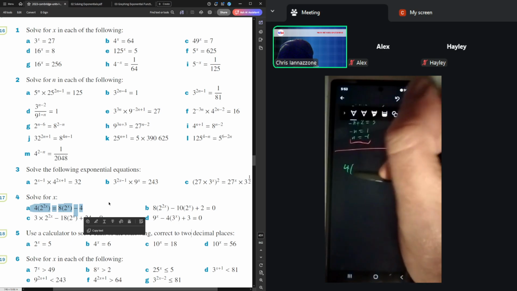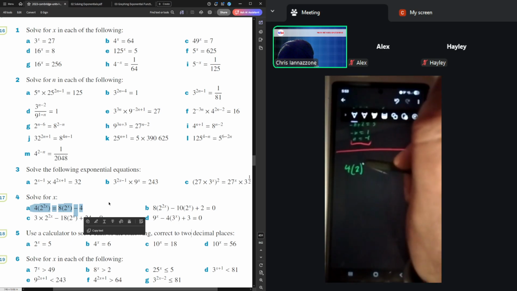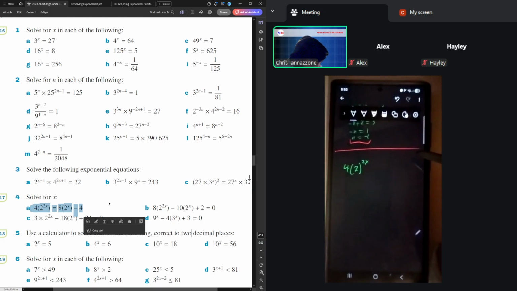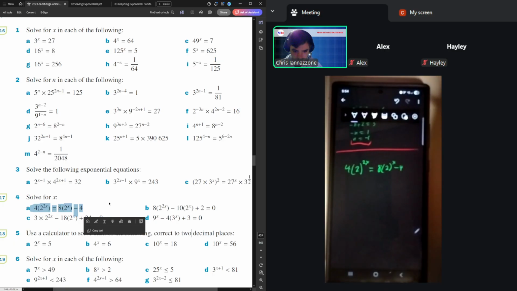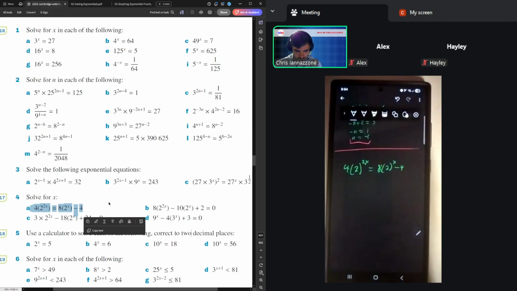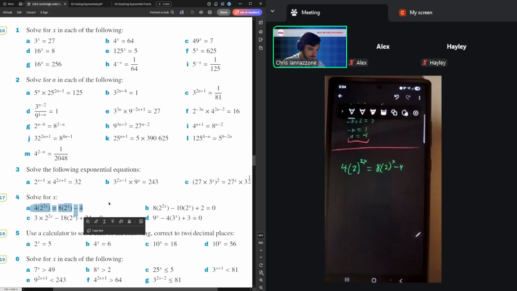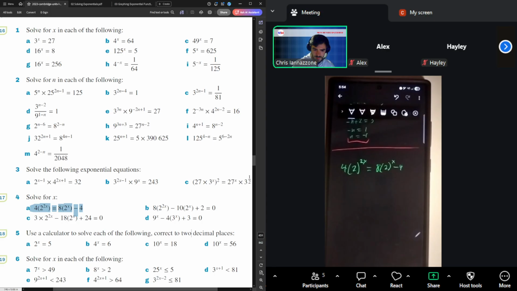So 4 bracket 2 to the power of 2x equals 8 bracket 2 to the power of x minus 4. Okay. What are we going to do here?